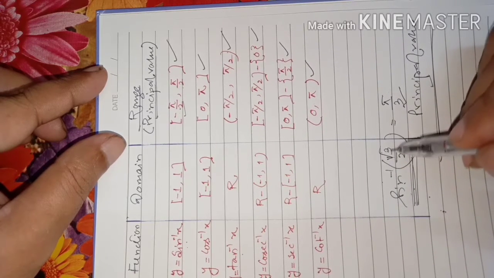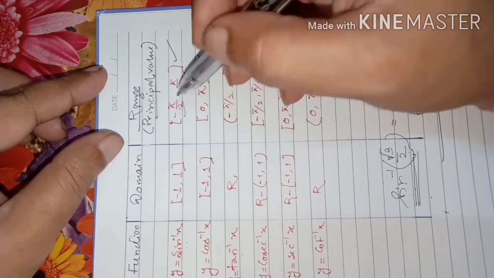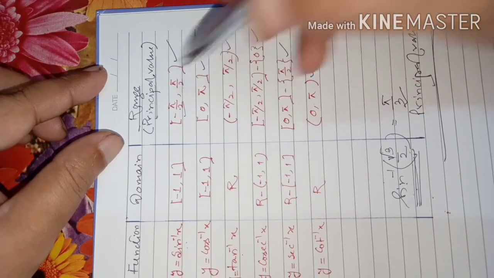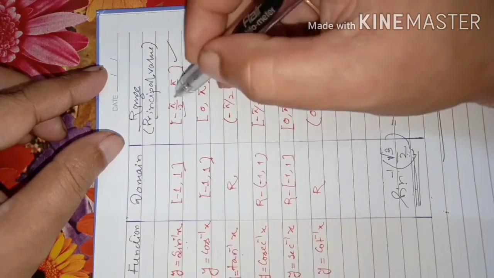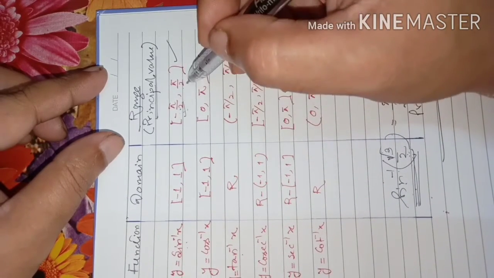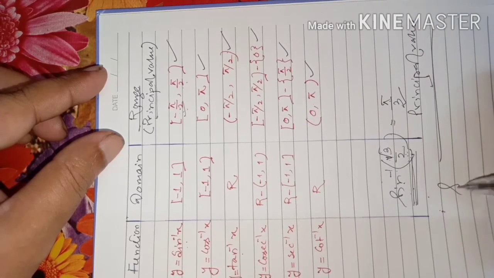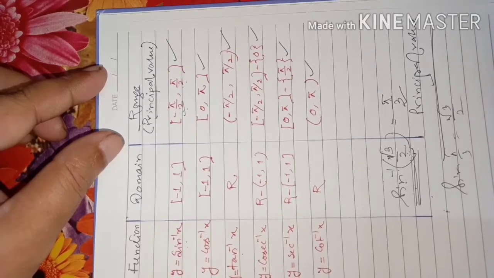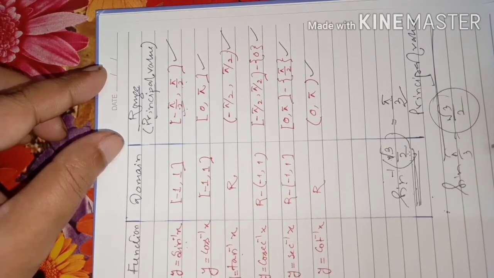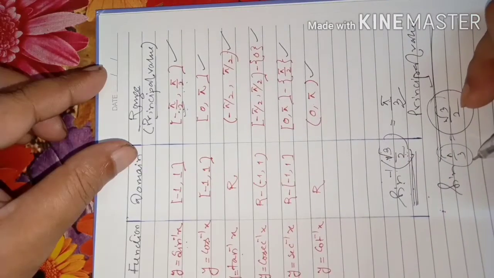I will look for which value lying between these two gives √3/2 for sine. That is π/3, because sine π/3 is √3/2. So this π/3 lies in the principal branch, and that's why we call it the principal value.